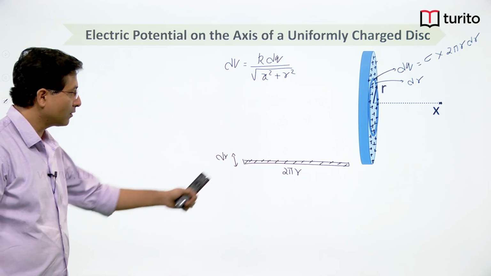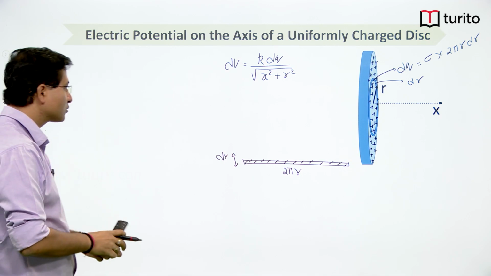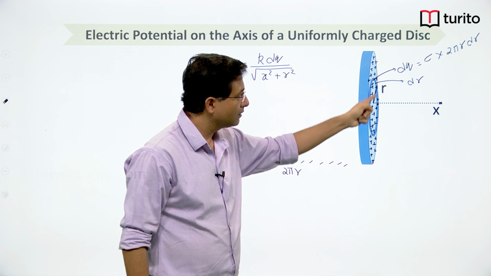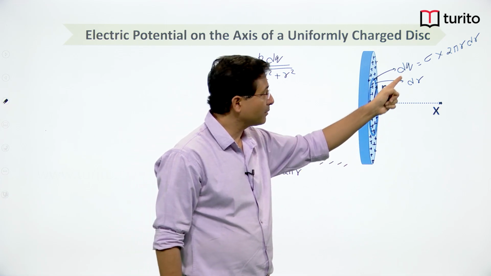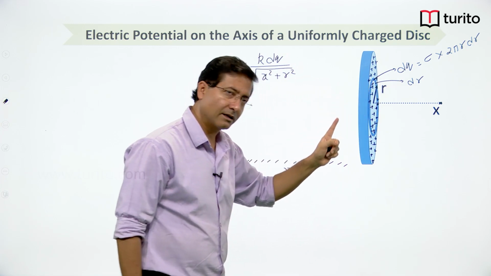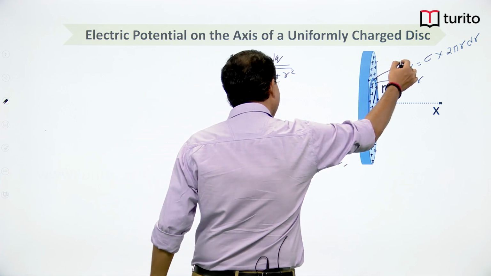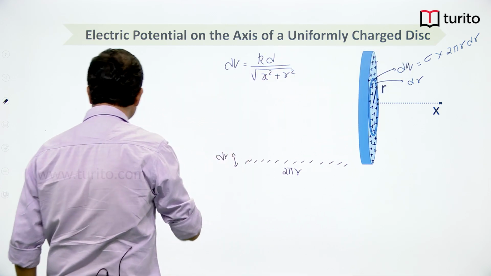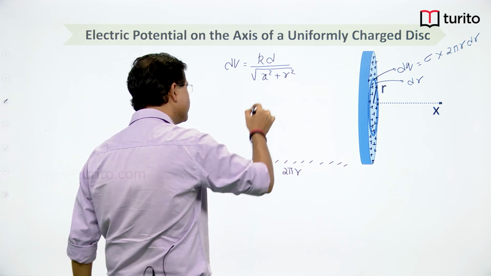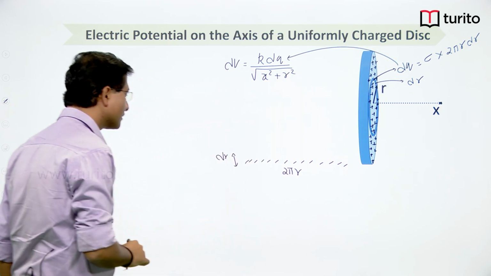Right. Now, it is not required, I will erase it. So, I hope this point is clear. I got the area of the ring, multiplied by the surface charge density, you will get the charge on this particular ring, and this charge I can use here.